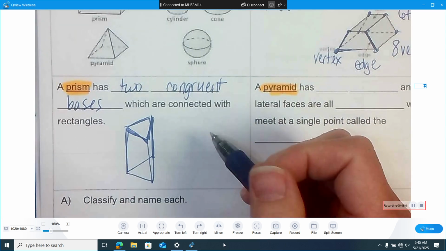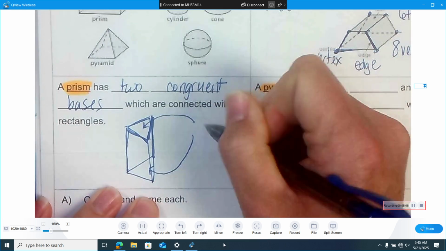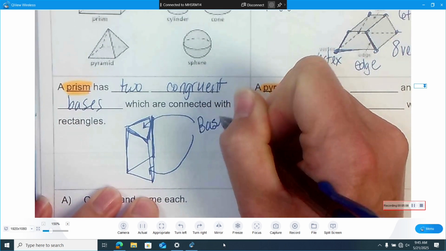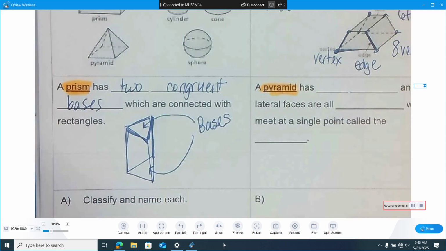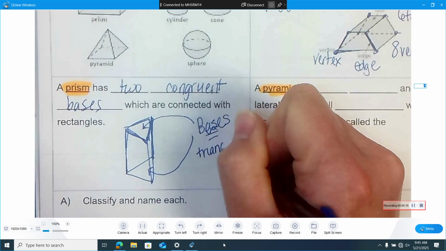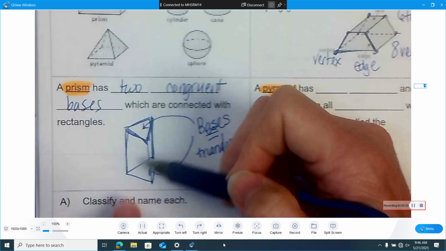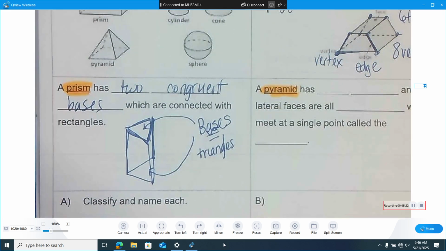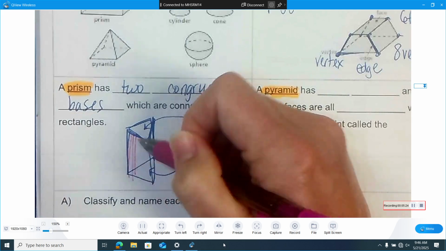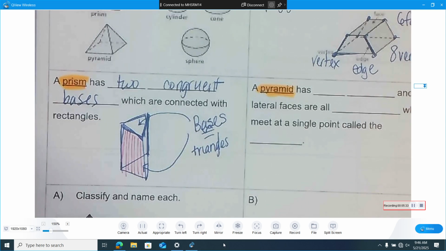You can see it there already. But you can see that there's a top and there's a bottom, and there are two bases that are congruent. So we have congruent bases that are triangles in this case. And the faces are all rectangles. So there are three faces, and they're rectangular in shape. So prisms have to have rectangles connecting them.